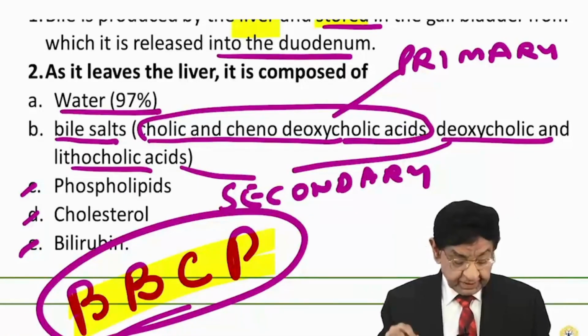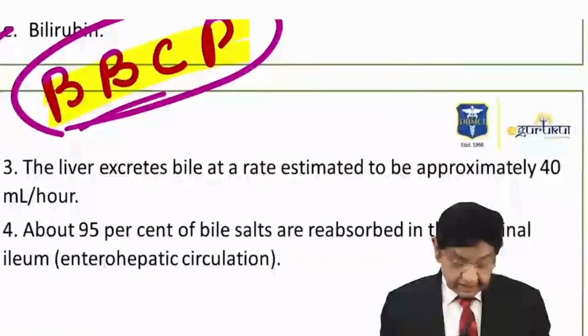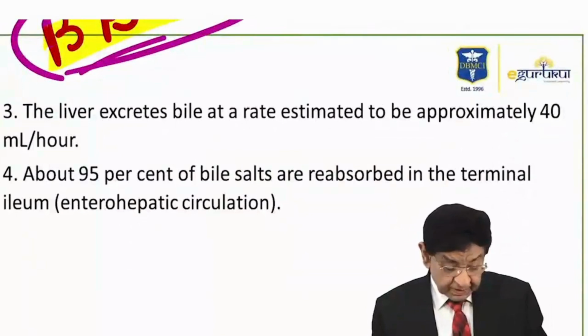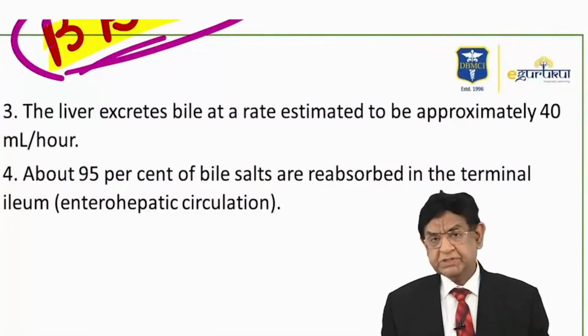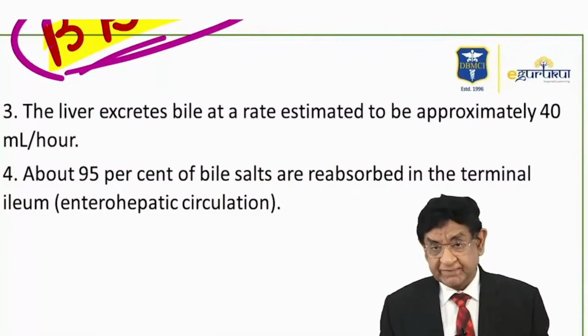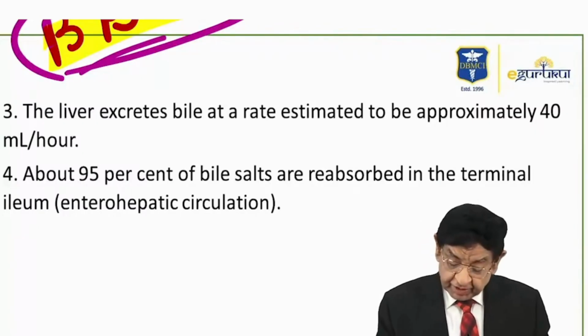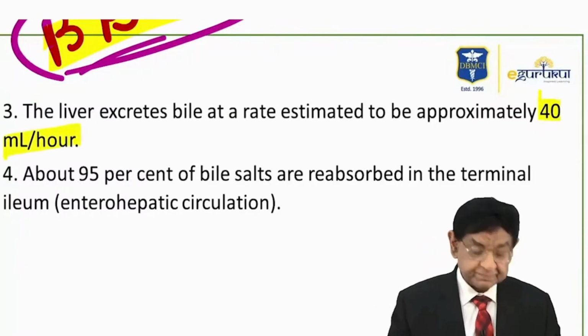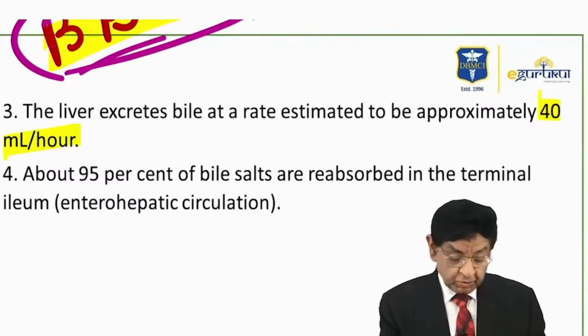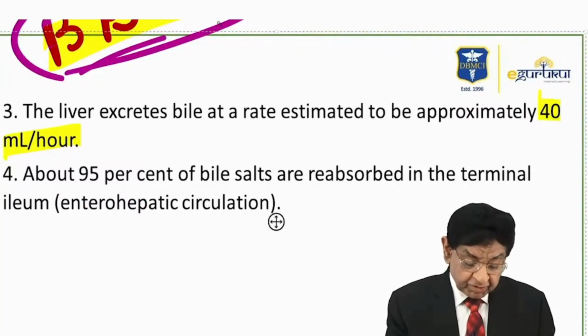Right? Now, how much bile is made by the liver? It is around 40 ml per hour. So in 1 hour, it is about 40 ml.